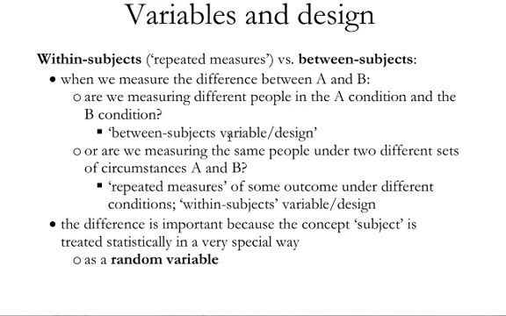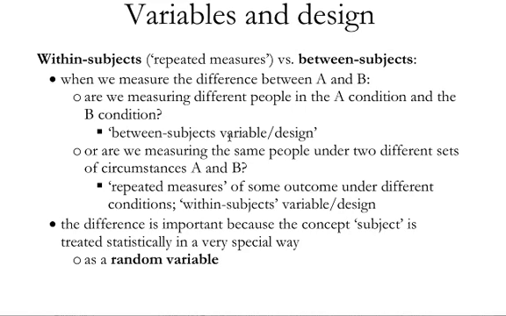That would be a within subjects or repeated measures of some outcome under different conditions. We call that a within subjects variable or within subjects design, because again, the comparison of interest here, A versus B, is happening internal to a single subject's data. It's within subjects. And we're taking repeated measurements from each subject.